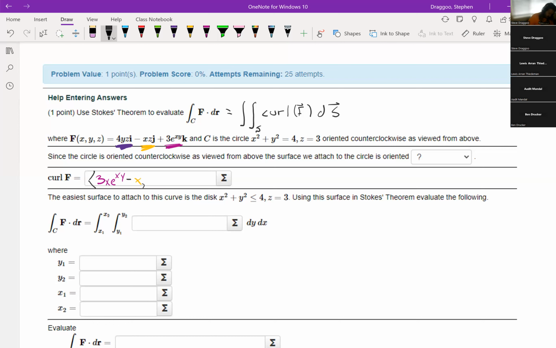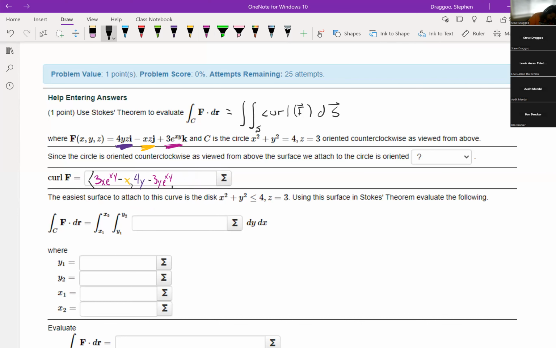Minus yellow partial z, so we're subtracting x. Next up, I'm gonna need purple partial z. So that's 4y, minus, that next bit is gonna be magenta partial x, so this will be minus 3y e to the xy. There's a comma there.